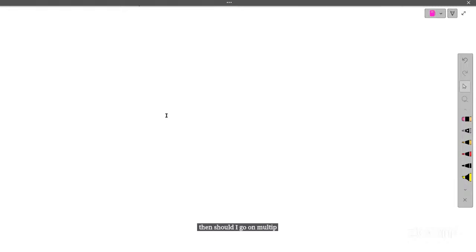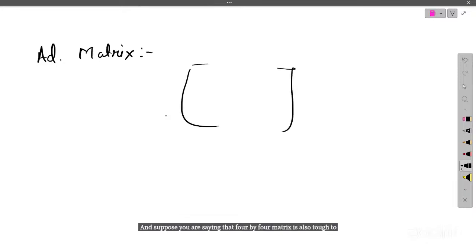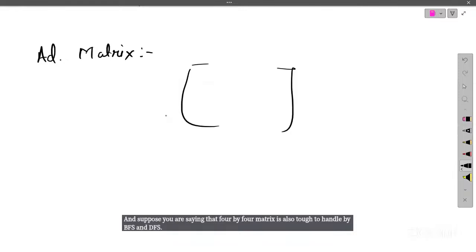Even a fourth-size matrix would be very hectic to do. Is there any shorter path than that? Yeah. So see, if an adjacency matrix is given to you, and you are saying that a 4 by 4 matrix is also tough to handle by BFS and DFS, right? That's your concern.